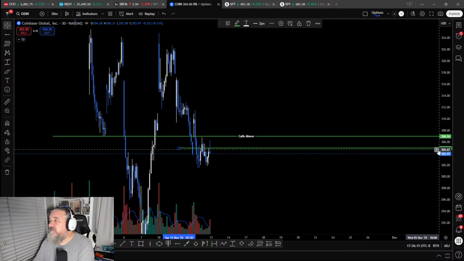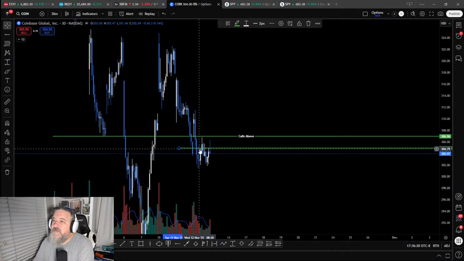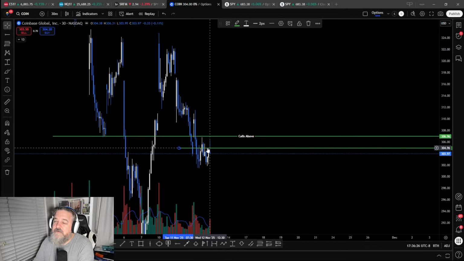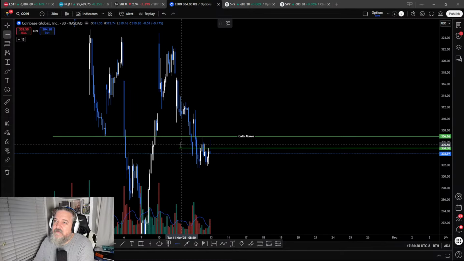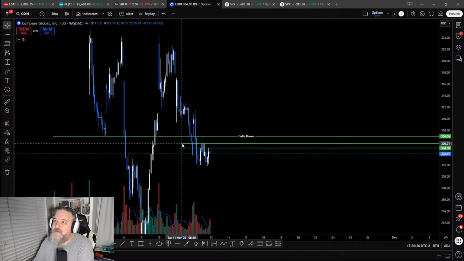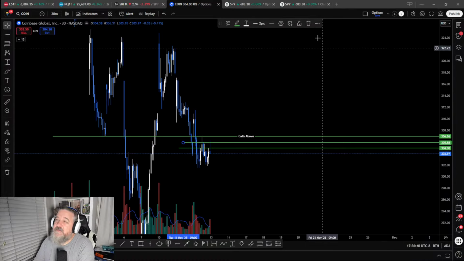I would say like 305, not 304.90, but this is going to be a little support resistance flip in this consolidation area. But for me, if you get in there, there's a chance you're going to need to close the trade here 50 cents later, or possibly here 88 cents later.